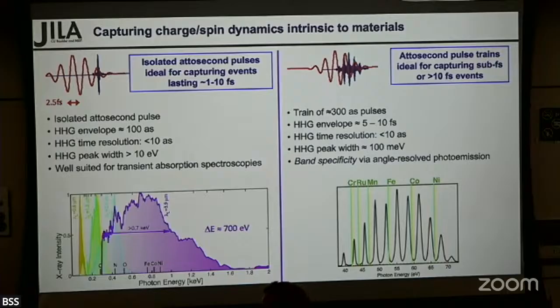And it turns out, I'll show you in the next few slides, how you can actually measure single attosecond lifetimes in electron-electron scattering. But it's counterintuitive, because previously people thought if you wanted to measure a shorter and shorter lifetime process, you had to make the pulse shorter and shorter.